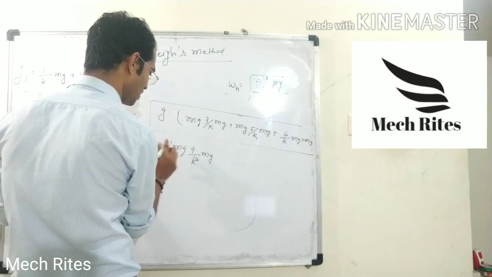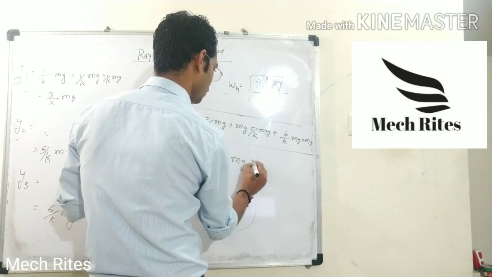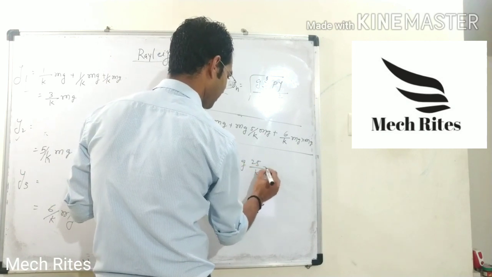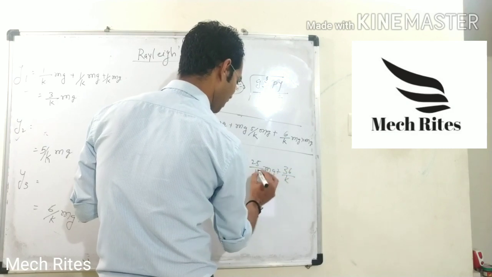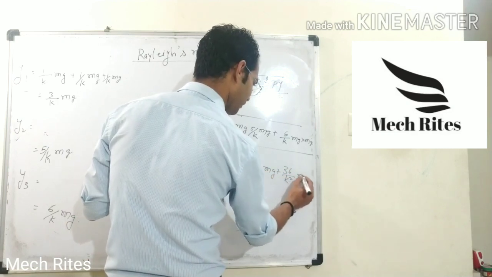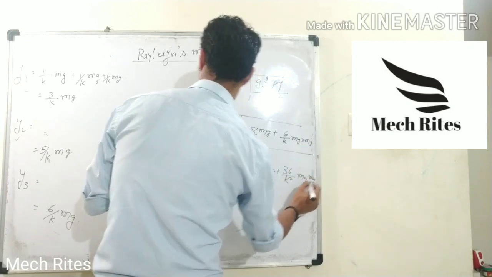No need to write summation here, directly I will add, plus mg 25 by k square mg, plus 36 by k square mg.